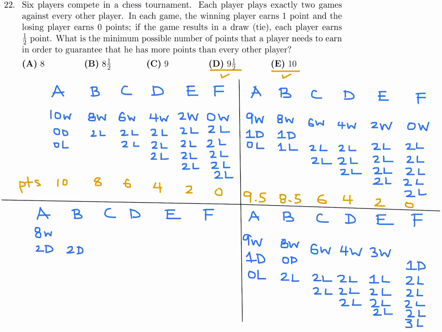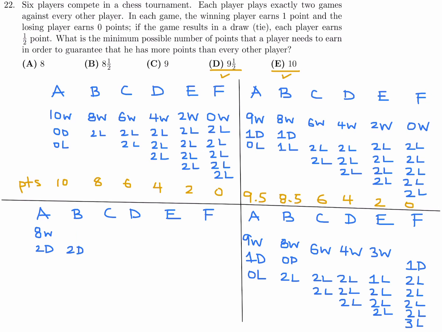So if player A played 2 games and both games were draws, there was another player that also drew with him. So that means that we'll make B the player that he tied with both times. So in a very similar way, this has got to be equal to 8.